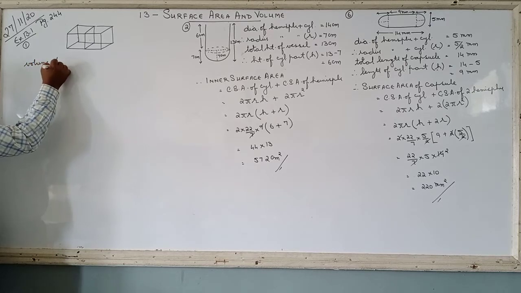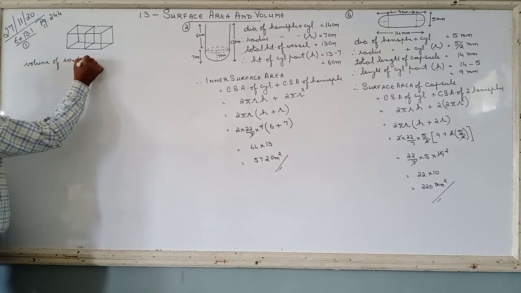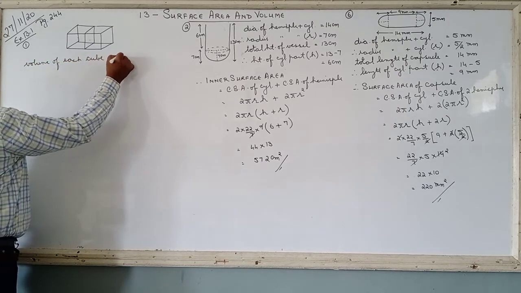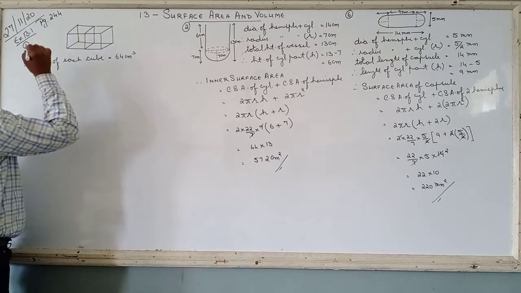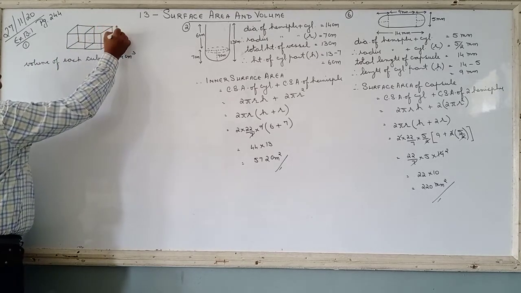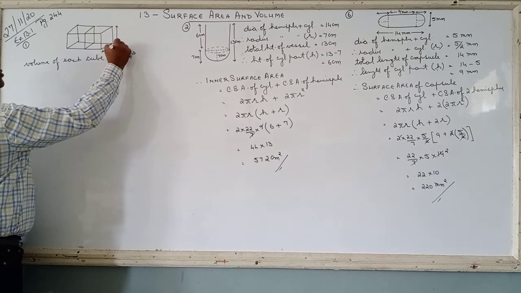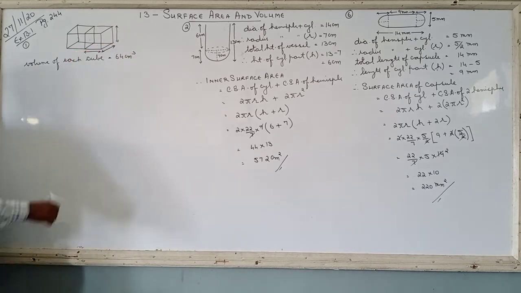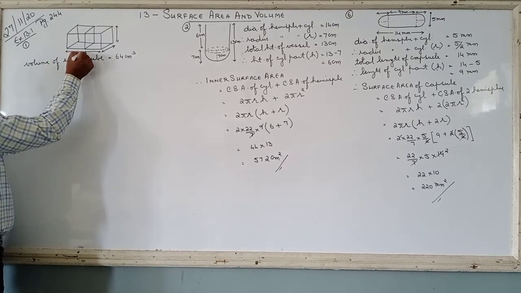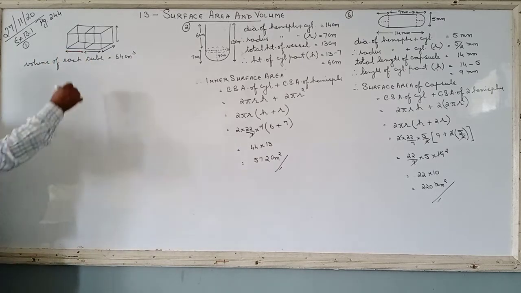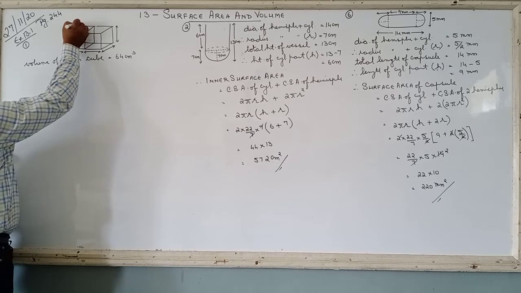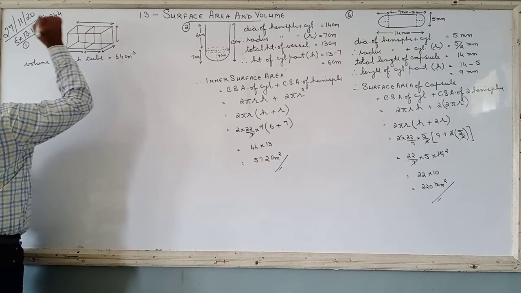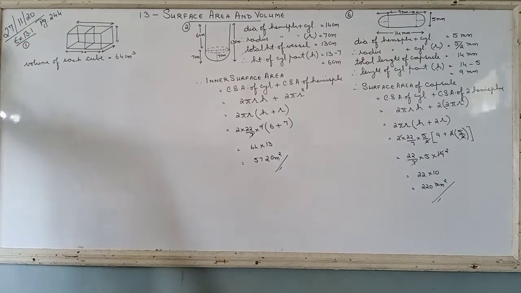The volume of each cube is equal to 64 centimeter cube. This is the side of the cube, these are the three sides of the cube. And when they are joined, can you see what changes? Only this length changes. And what shape do we get? We get a cuboid.